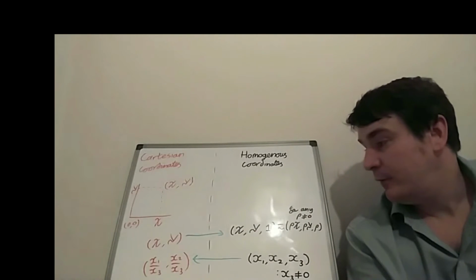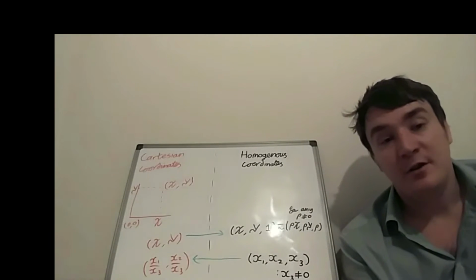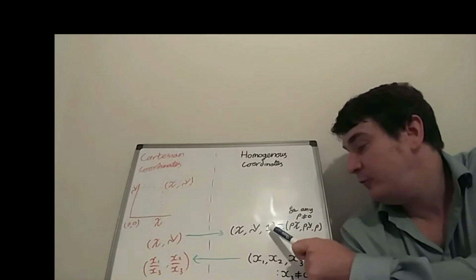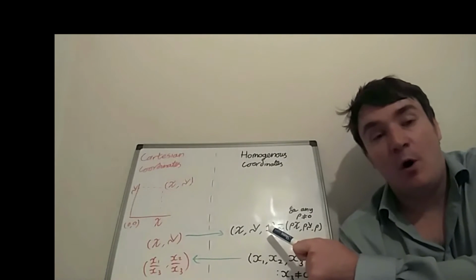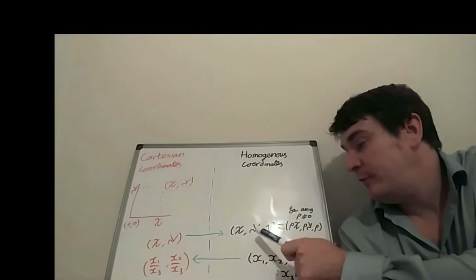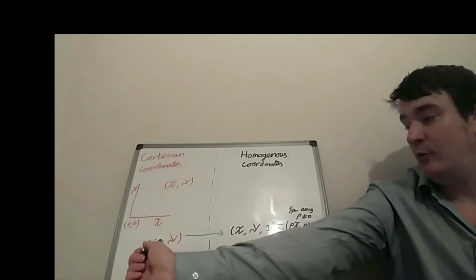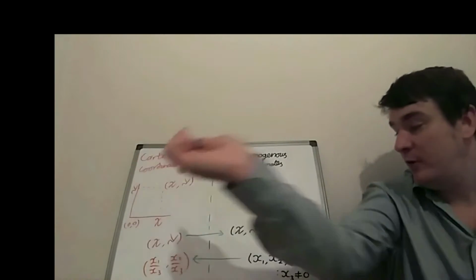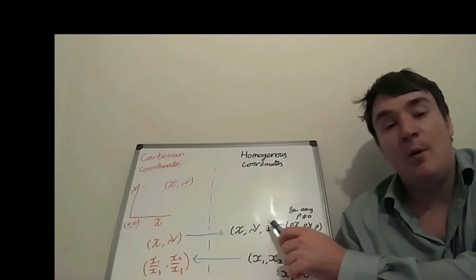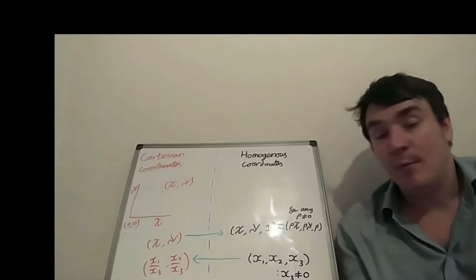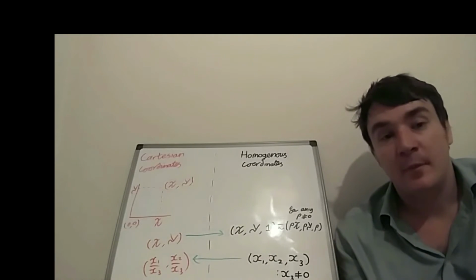Well, it turns out that it's a very simple job actually. All you have to do is just append a 1 at the end of the description of a point. So the point (x, y) in the Cartesian coordinate system becomes the point (x, y, 1) in the homogeneous coordinate system.